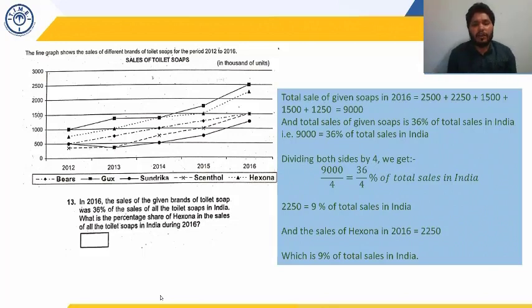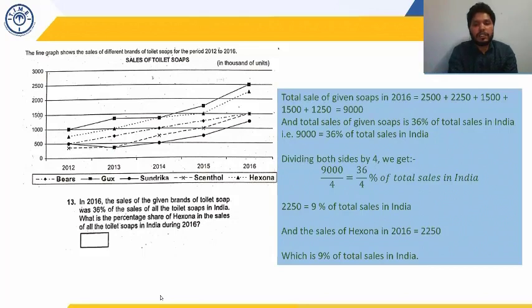We can do it directly by observation: if we divide 9000 by 4, it comes out to be 2250, which is actually the sales of Hexona in 2016. So we just need to find out what 2250 is as compared to total sales in India. I hope it is clear. What we have done is sum up the total sales of all the given soaps, which comes out to be 9000, and according to the question, 9000 is 36% of total sales of soaps in India.